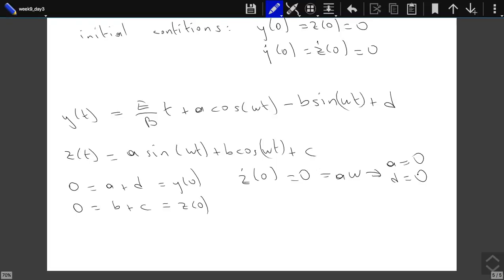So we already determined two of them. Let's look at y dot at 0. This is E over B minus b omega. D is already 0. This should be equal to 0. Or small b should be equal to E over B times omega. This is equal to minus C.